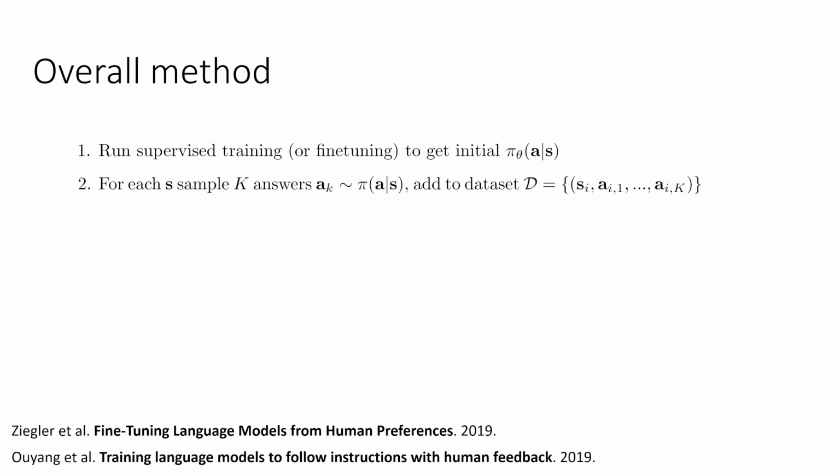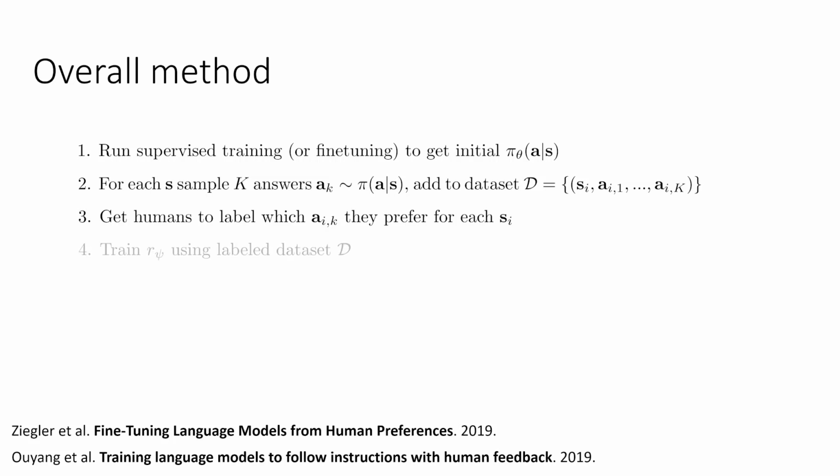Then for each question in your data set, for each S, you would sample k possible answers from your policy, and construct a data set consisting of tuples with a prompt S_i and k possible answers, A_i1 through A_iK, for that prompt. Then you would get humans to label each of those S, A1 through AK tuples, to indicate which answer they prefer.